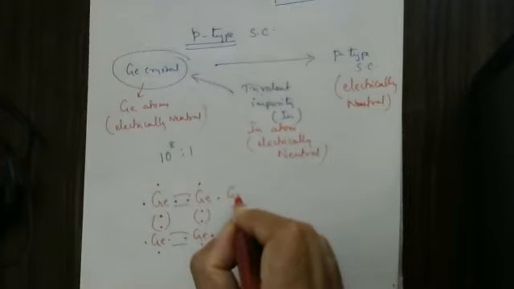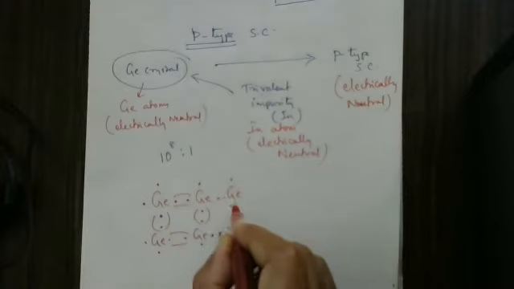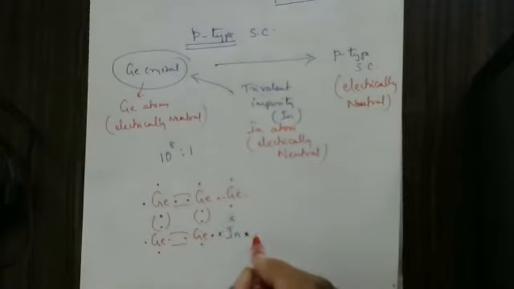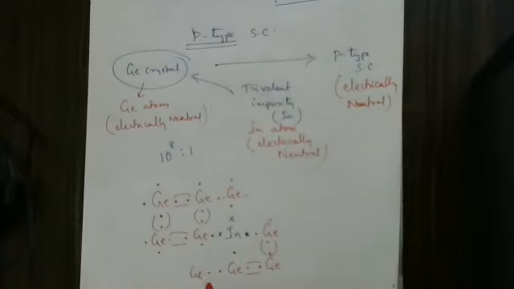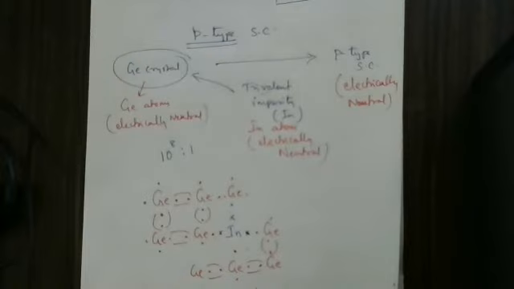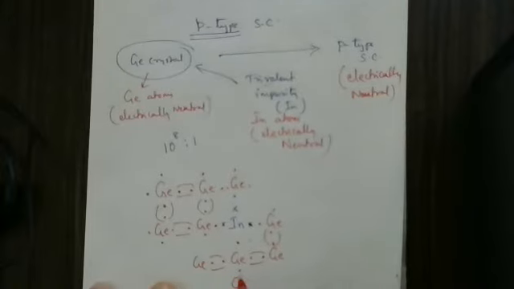This is germanium, here is another germanium, here one more germanium, and here one more germanium. Covalent bond here, also here. It will continue like this.